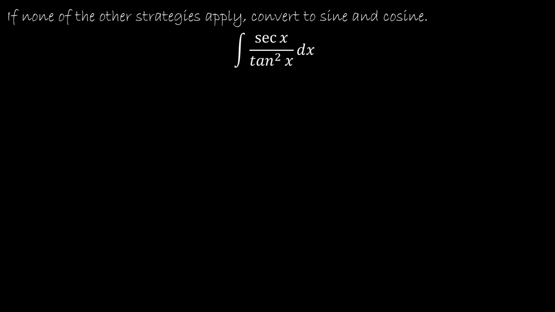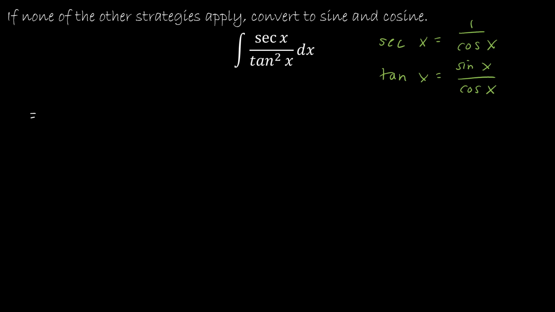So we've talked about 4 strategies for dealing with secant tangent. Now we want to look at when none of those strategies work, we have to convert to sine and cosine. So we have to use the fact that secant of x is equivalent to 1 over cosine of x, and the fact that tangent of x is equivalent to sine of x over cosine of x, and essentially just rewrite my integral.